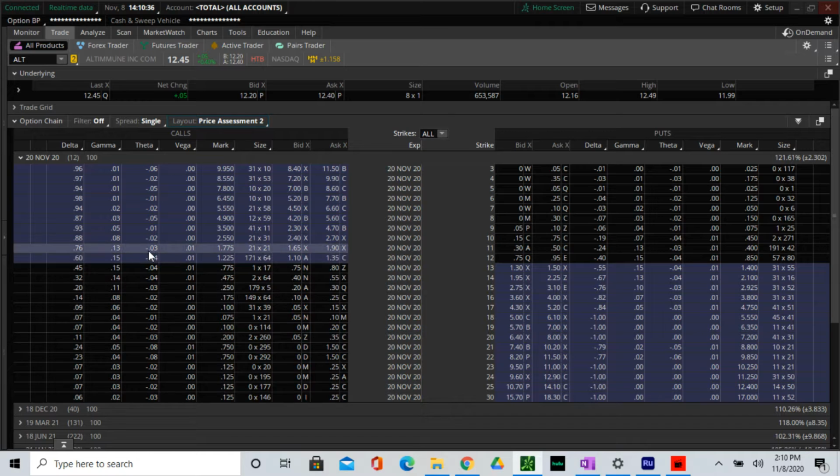Every time the stock is held a day, theta is subtracted from your option price. So this gives you in addition to what you want.